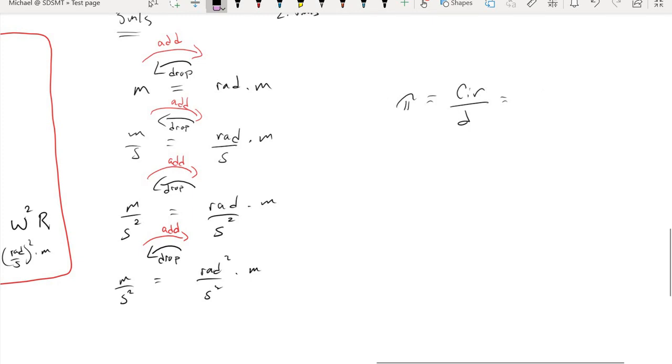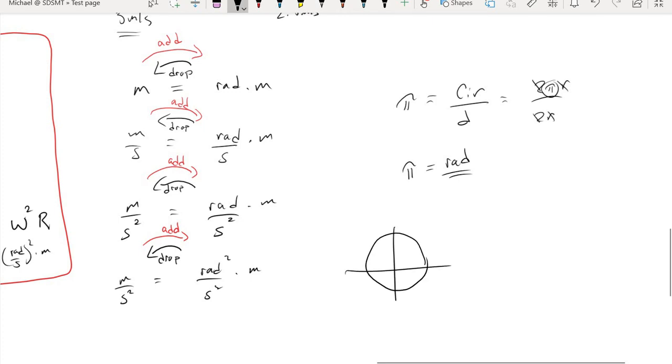Sorry, pi. Here we go. Pi is the ratio of circumference to diameter. And so technically, pi should be unitless. It could be argued that. But we do give pi a unit of radians just so that we have something that we can measure as we go around in a circle.